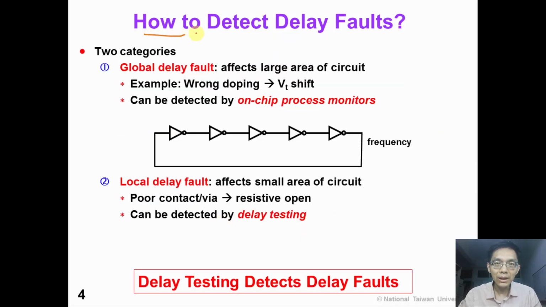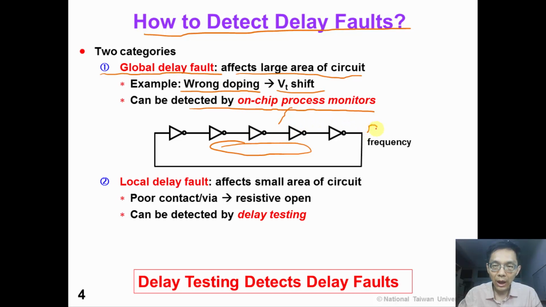So how do we detect the delay fault? We consider two scenarios. First, global delay fault, which affects a large area of the circuit. For example, wrong doping in our manufacturing process can cause VT shift, which is a global delay fault. To detect this delay fault, we can design on-chip process monitors, such as this 5-inverter oscillation ring.